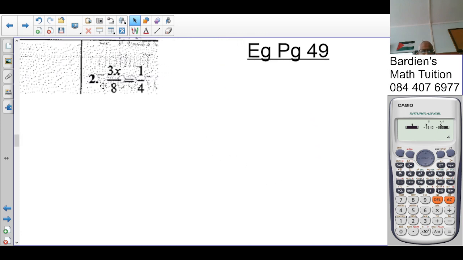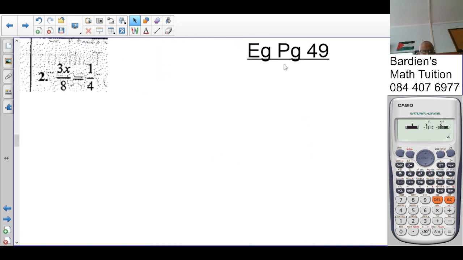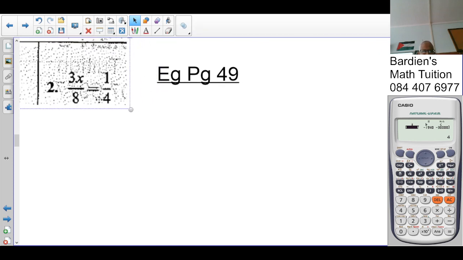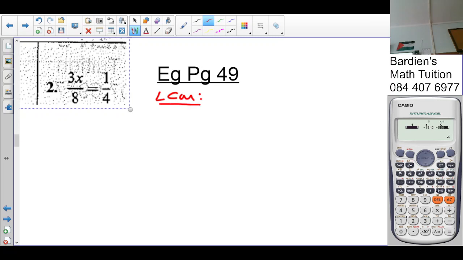Let's look at example 2 on page 49. What's your LCM here? 8. Yes. So what do I do? If you have x over 5 equal to x over 6, what's your LCM now? Can 5 go into 6?